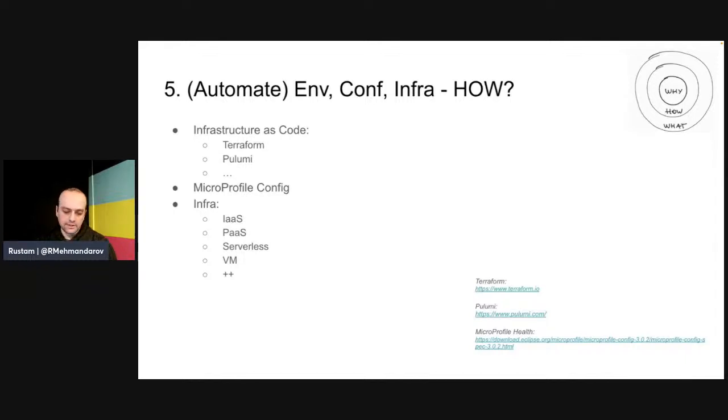When it comes to infrastructure, I just listed a bunch of things because I want you to think about what you're running on, and if you really need to run it on whatever you're running on. If you're using cloud, private or public, you probably need to think if you want to go infrastructure as a service, like renting hardware, or platform as a service, or even good old VMs and install things manually.